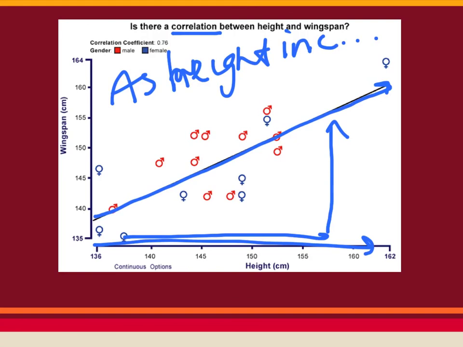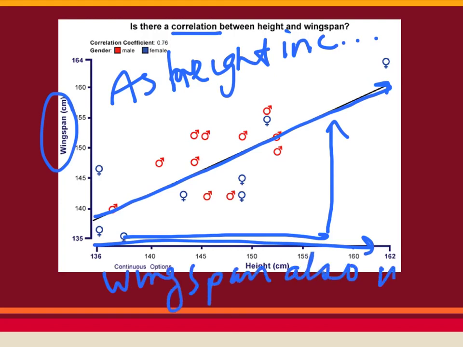So as height increases, what's going on in the y-axis? Well, the wingspan also increases. And we have just described a trend. We might also try to explain why that trend exists later on in our conclusion. But to start our conclusion, or to come up with a solid conclusion, we first need to describe the trend that we see.